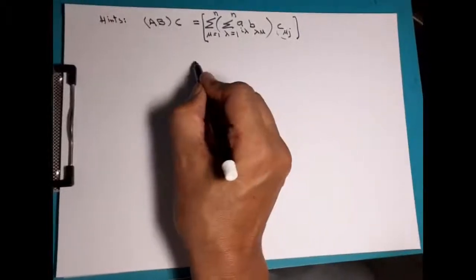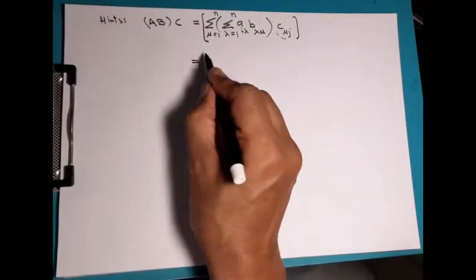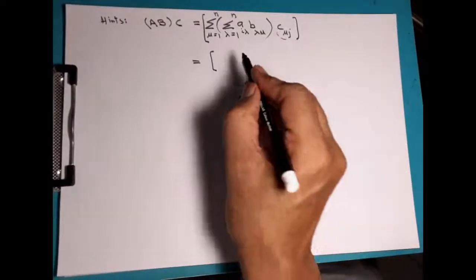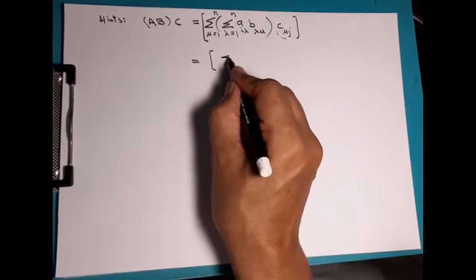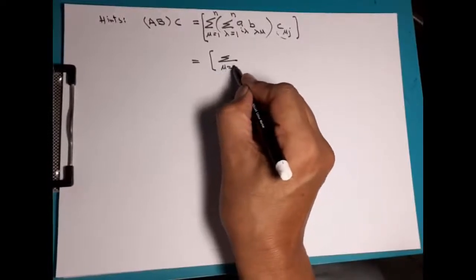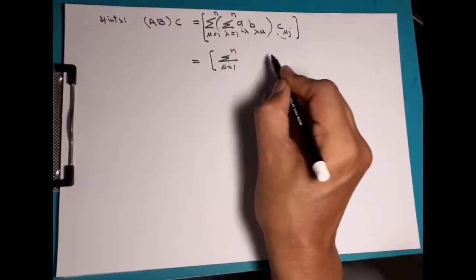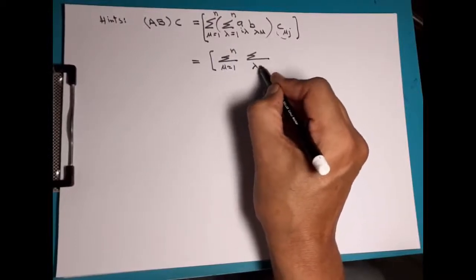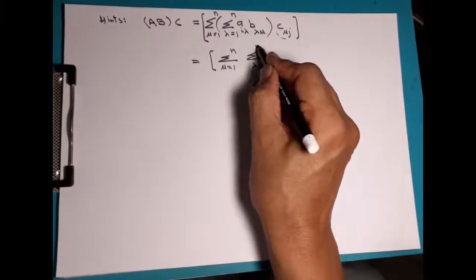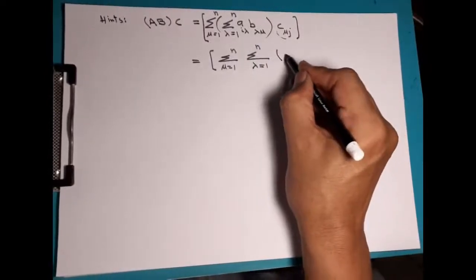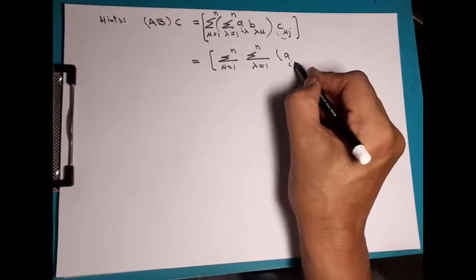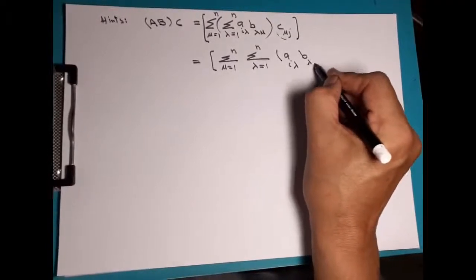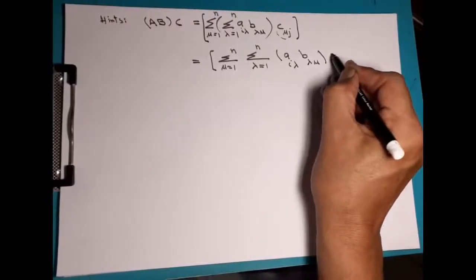And this is equal to sigma μ varies from 1 to n, sigma λ varies from 1 to n, A_iλ, B_λμ multiplied with C_μj.